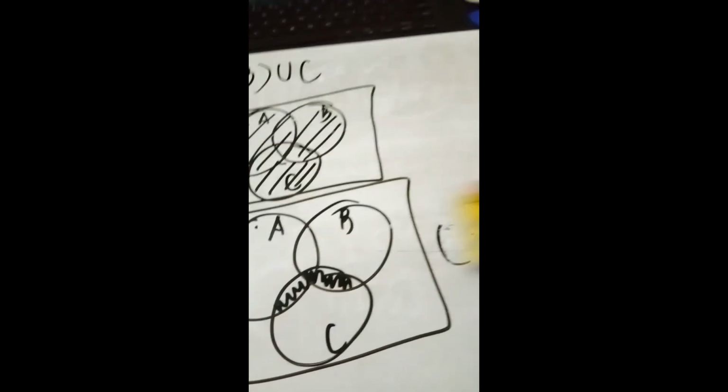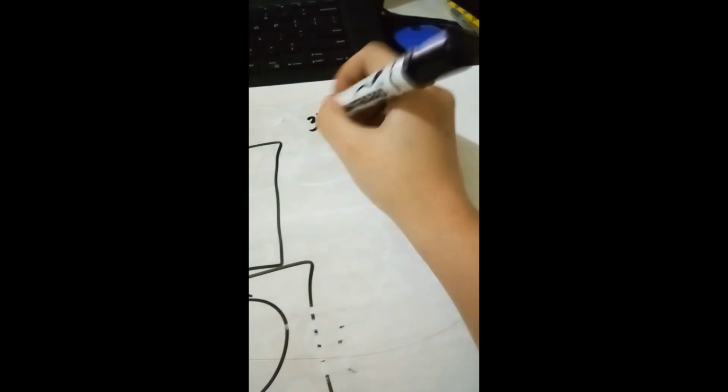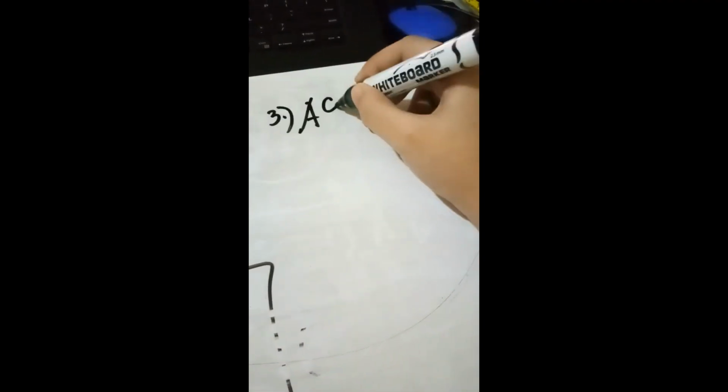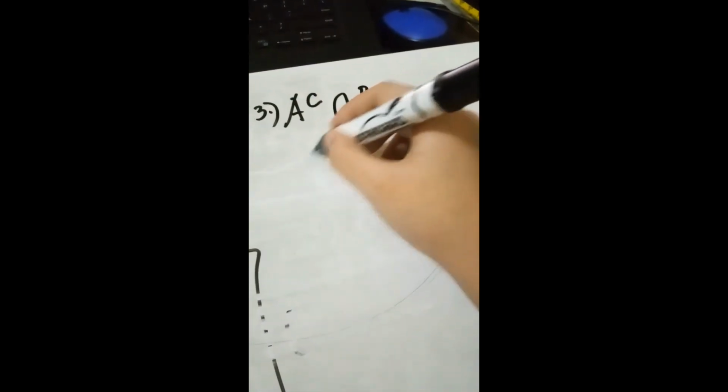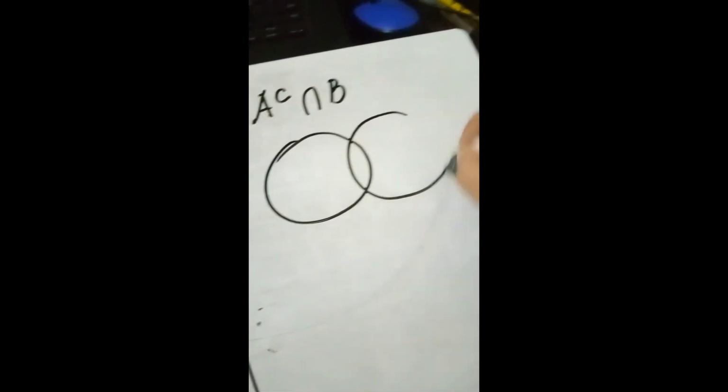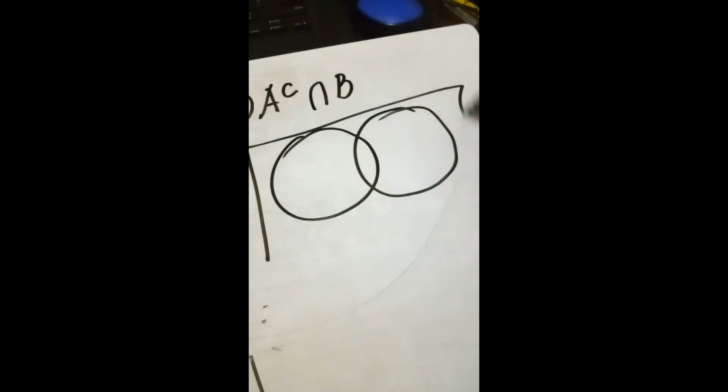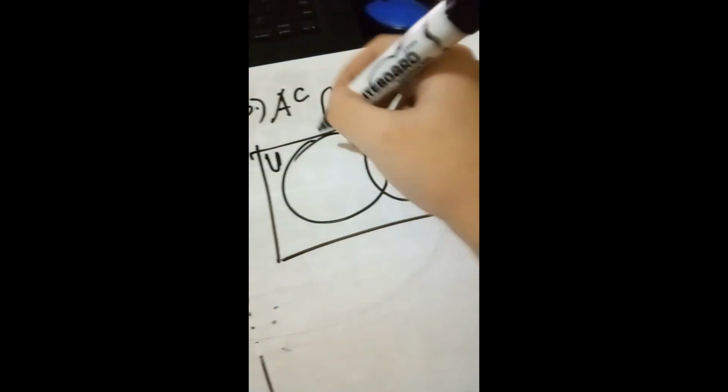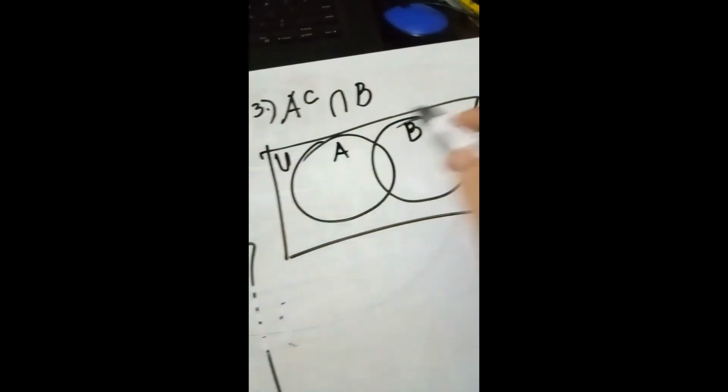Okay? Next, let's have number 3. It is A complement intersection B. So, you only have 2 sets here. Set A and then set B. This is set A, this is set B. Sabi doon, A complement.